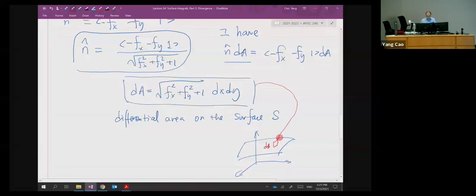You can calculate this, and the surface S is represented by z equal to f of x, y.